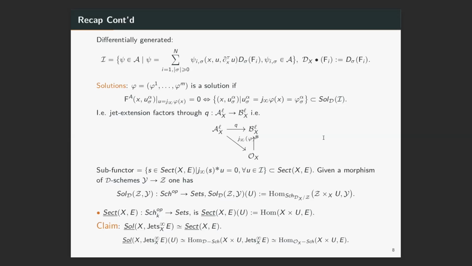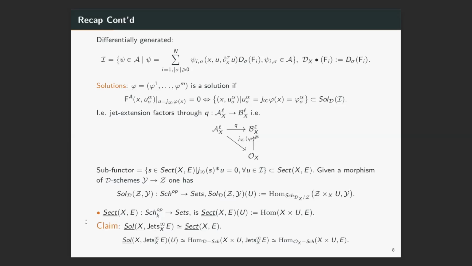So they preserve all of the action by differential operators. Now, sections is just this functor of points approach, as you would expect. The U points, for some probing space U, are those U-parameterized sections, and then they project back to the base.